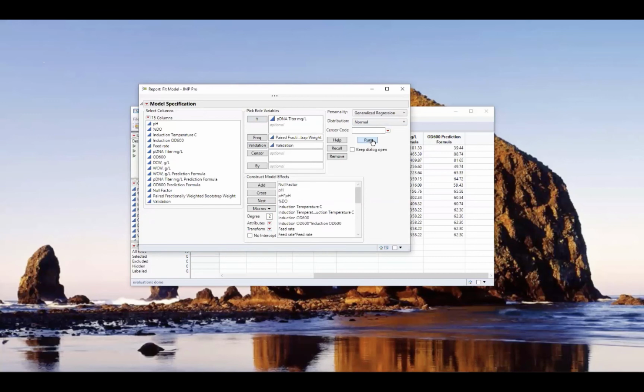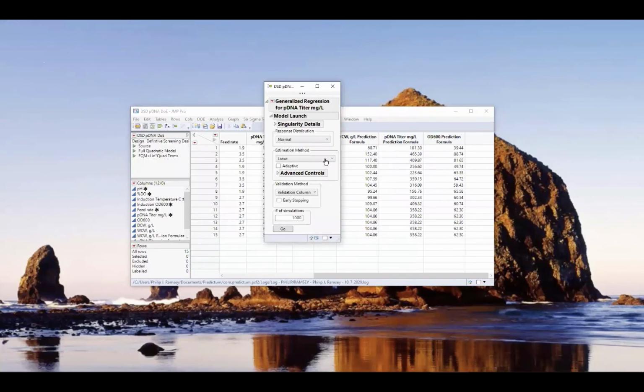So I'm going to click on Run. It'll open up Generalized Regression. Okay. Notice you have a number of options in here. We won't get into all of them, including estimation method. I'm going to just leave it at the default, Lasso. And how many iterations do we want to run?